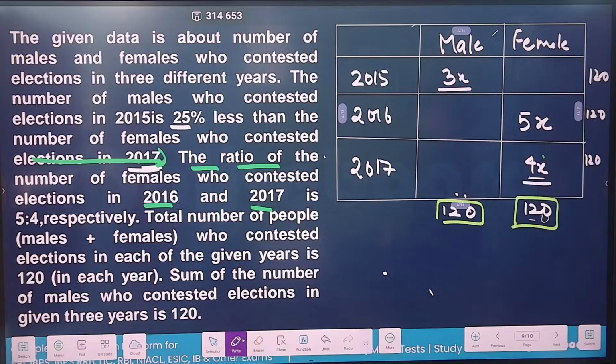Come on. How can you solve? See, all the points we have mentioned or not? Yes, no? Is anything left? Sum of the number of males who contested election in given 3 years. Basically, the given 3 years is given to us. Okay. Anything else? Come on, say.